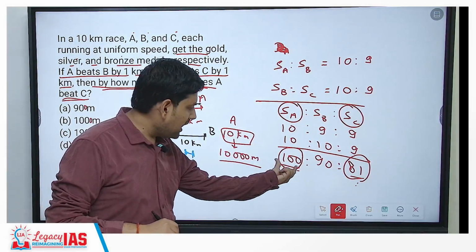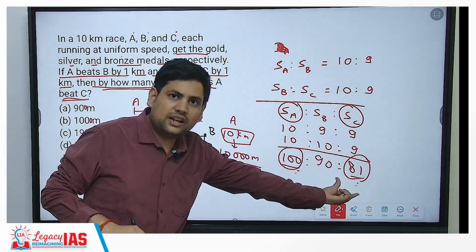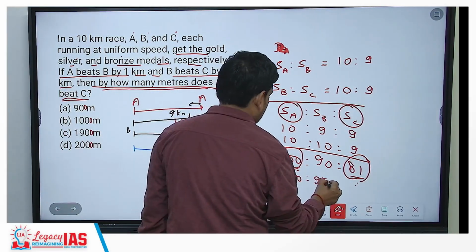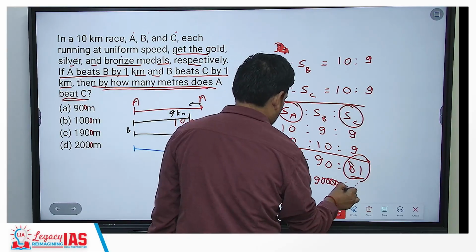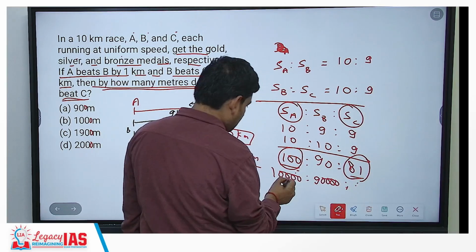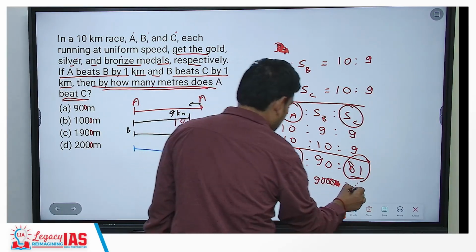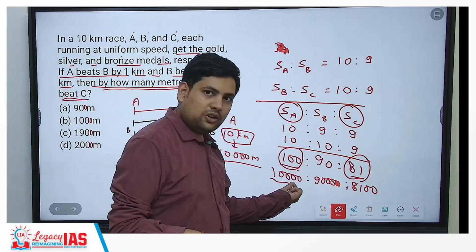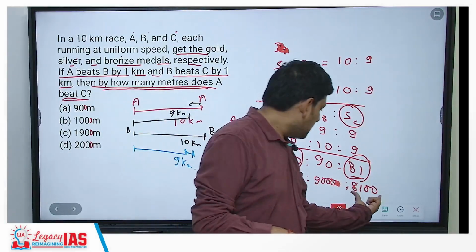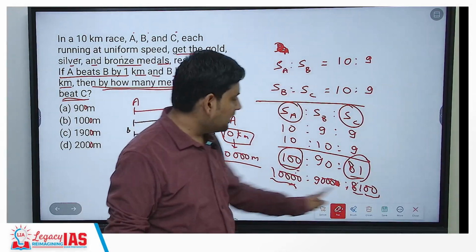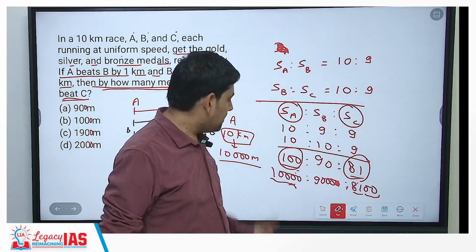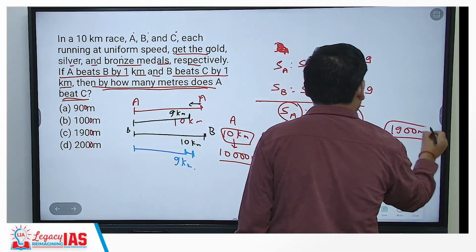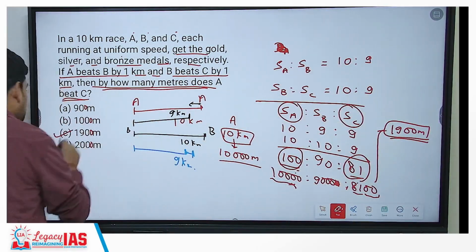You can just multiply this 100 by 100 and 81 by 100. So you get 10,000 ratio 8100. So when A travels 10 kilometers or 10,000 meters, C covers 8100 meters. What is the difference between them? 10,000 minus 8100 comes out to be 1900 meters. So the answer becomes 1900 meters.